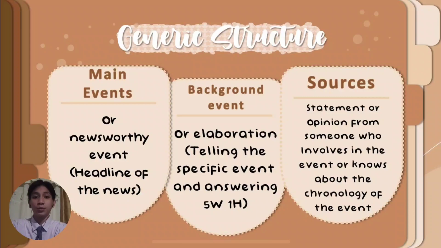In this section, we can find out what the content of the news that we read is, because in it there are 5W1H, namely what, where, why, who, when, and how.